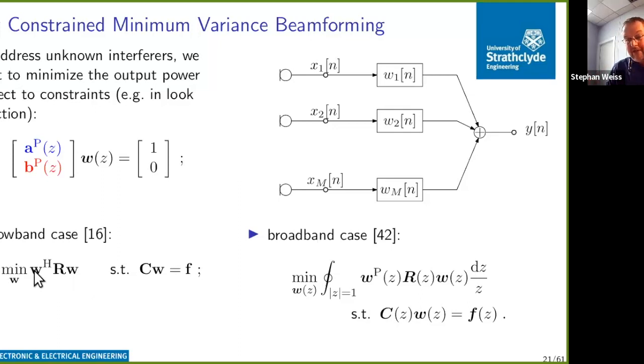We want to minimize the output of our array. So the array is shown in the top right-hand corner. So that's the filter vector W Hermitian times the covariance matrix of our array signal times W in the narrowband case. So that's the output power of our array. And to avoid the trivial solution that all these filter coefficients are 0, we have to impose a constraint.